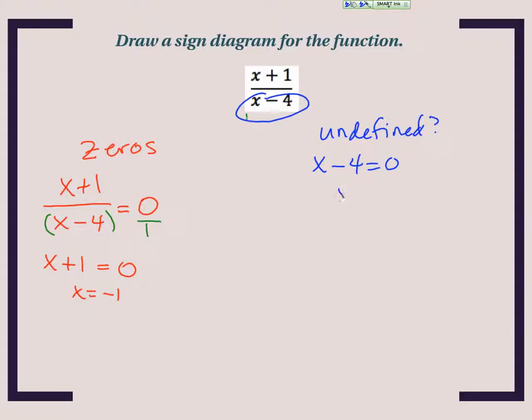So when I add that over, x equals 4 is where my function is undefined. I can't divide by 0. So now when I draw my number line, I have got to put a little hash mark at negative 1. 4 is where it's undefined, so I'm going to do a little dotted line at 4.